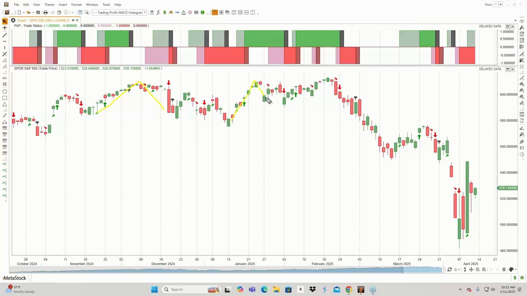Okay, and so if you see that occur a number of times, and generally the more that occurs, the stronger the level, the more significant it becomes. Okay, so we have all this resistance up here, and so this is where I like to filter out and give more weight to certain signals. So this was a great bearish price action pivot setup off of a key resistance level.